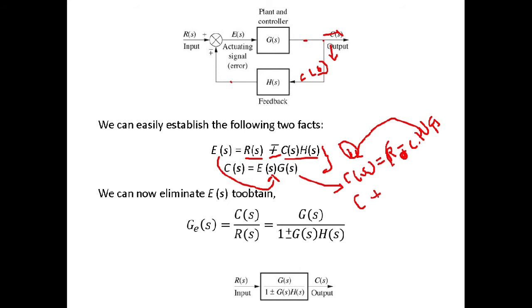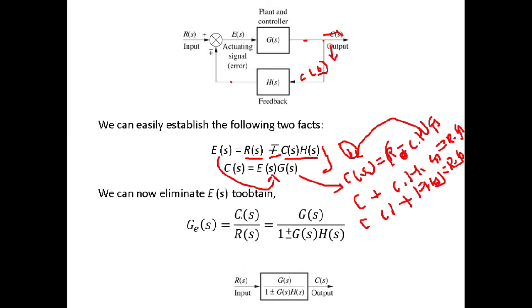In that case C plus C into H into G is equal to R into G, because R is multiplied with this. Now you can take C outside. In that case it will be 1 plus H into G, this C is taken outside and that will be R into G.